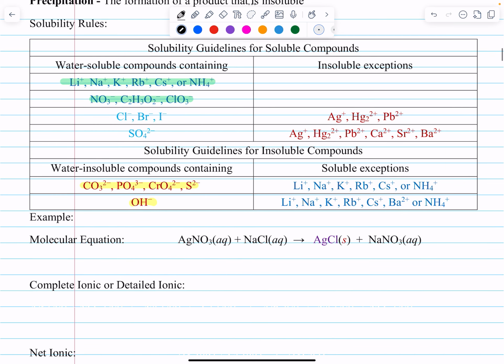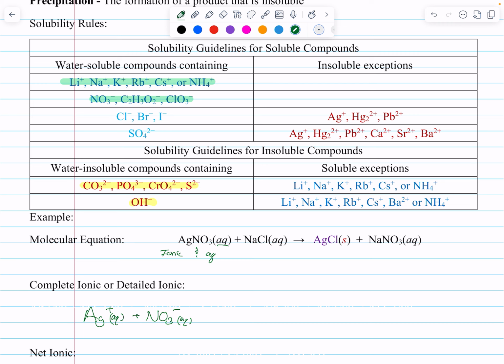Well, I have to recognize what is AgNO3. What type of compound is it? Well, that looks like it's a salt, right? It's ionic, and AQ, aqueous. So that means my complete ionic, I'm going to have Ag plus AQ plus NO3 minus AQ.